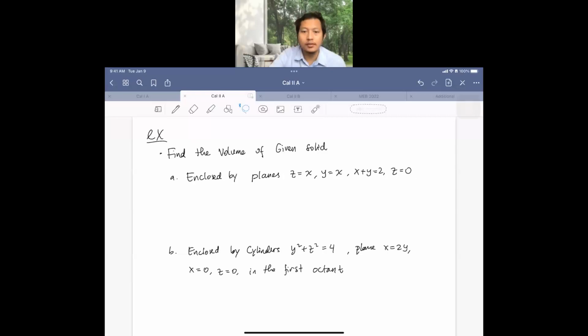Okay. Is anyone ready to give the answer? First you need to recognize which one is your function of two variables and which one is just the area projection at the xy plane.